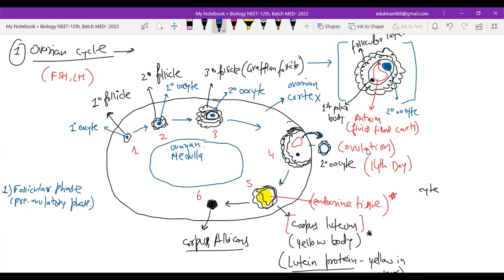Is it clear? Till this phase is the follicular phase. Clear, everyone? Written, yes or no? Shall I move forward?